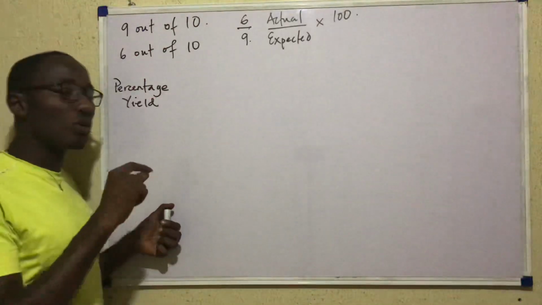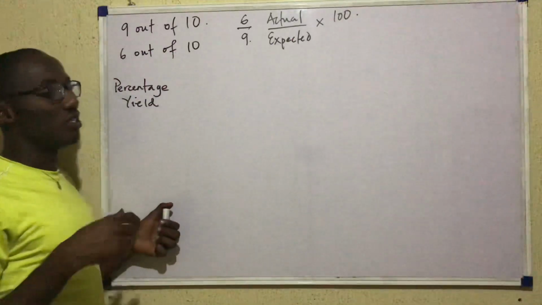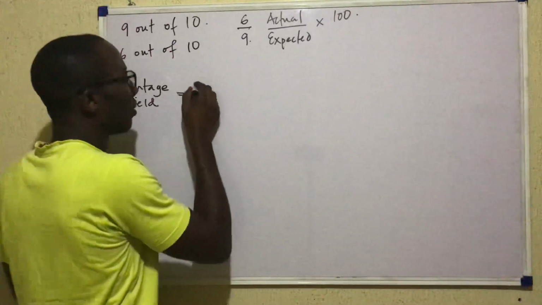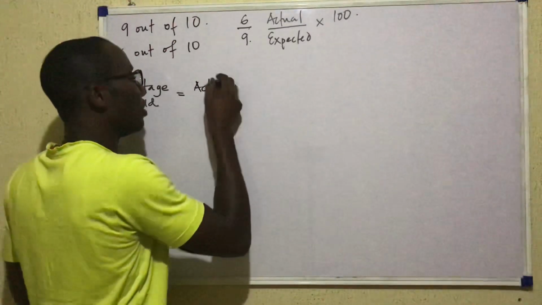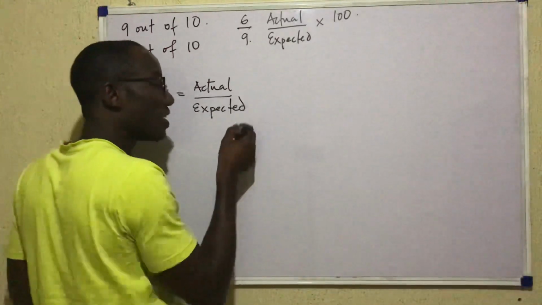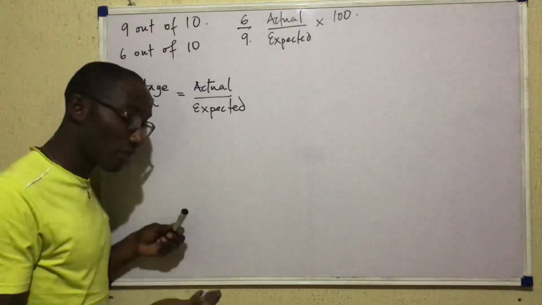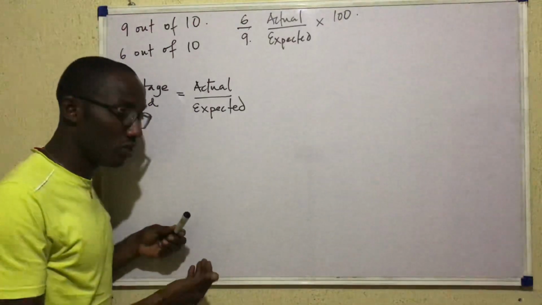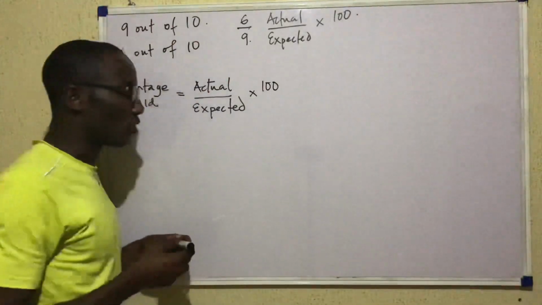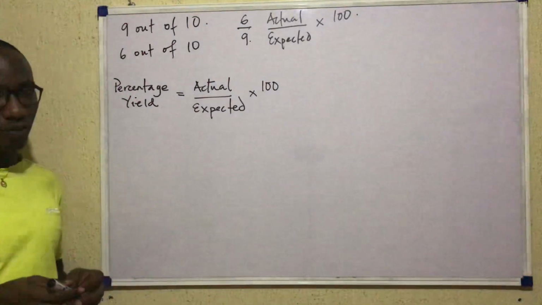That is, the actual yield from a reaction is usually less than what the yield is expected to be. So the percentage yield is calculated as actual yield over expected or theoretical yield. That's another term for the expected yield. We call it the theoretical yield or the calculated yield. And then you multiply that by 100. So this is what we refer to as percentage yield. That's the formula we use for it.